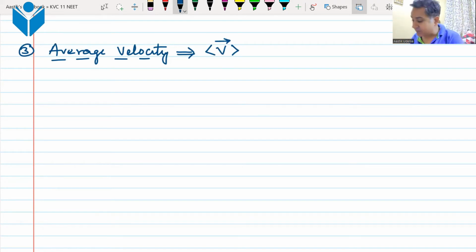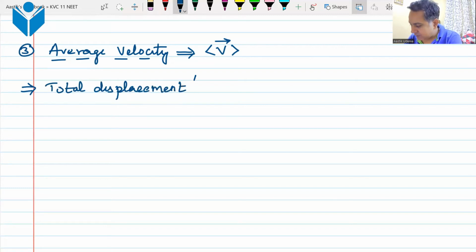Now, can you tell me what is average velocity? Average velocity is the total displacement divided by total time.